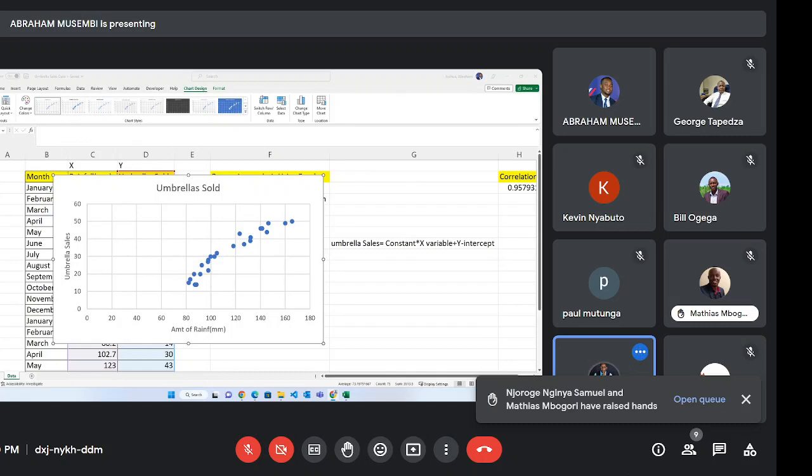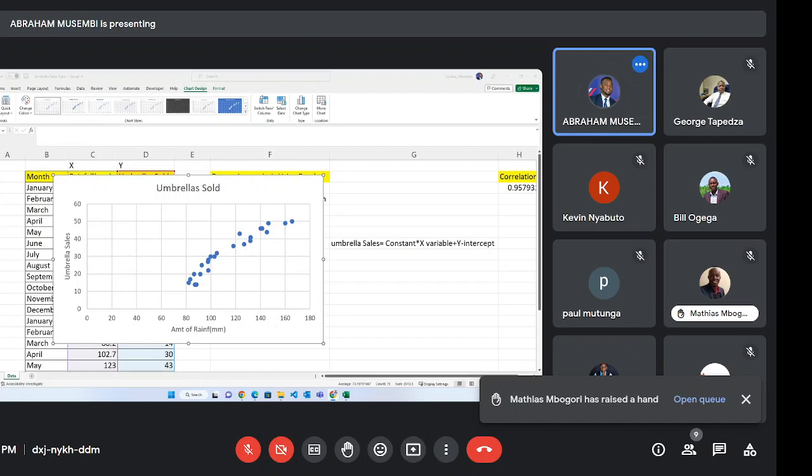If you draw a line and extrapolate it beyond the x-axis, it falls down on the negative side, so the y-intercept is negative.